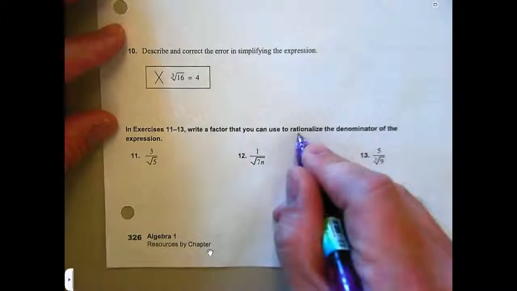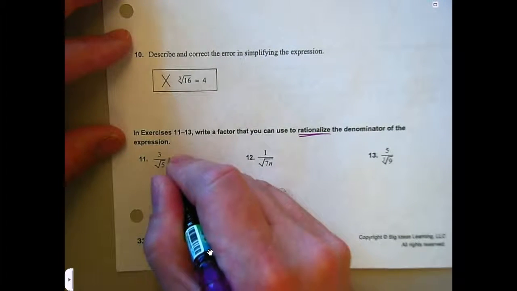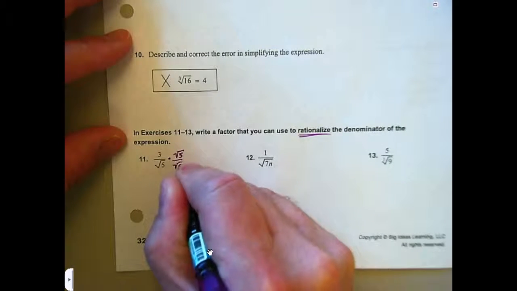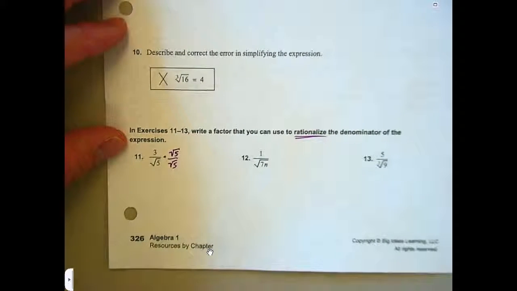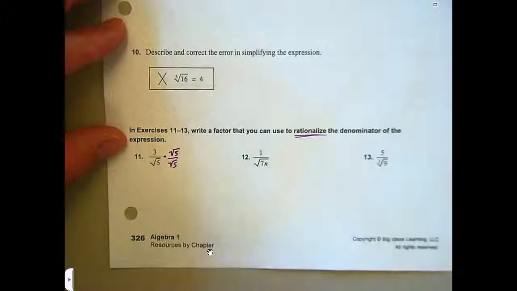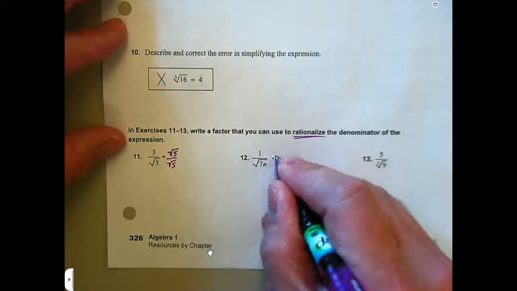Rationalizing it means just get the square root out of the denominator. We would have to multiply it by that square root over itself, root 5 over root 5. That's what you're being asked to do there. You're not actually asked to find out what it is. It's just saying what should you multiply by. So we should multiply by that. Here we should multiply by?